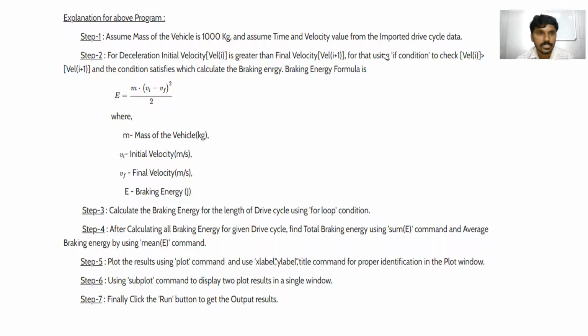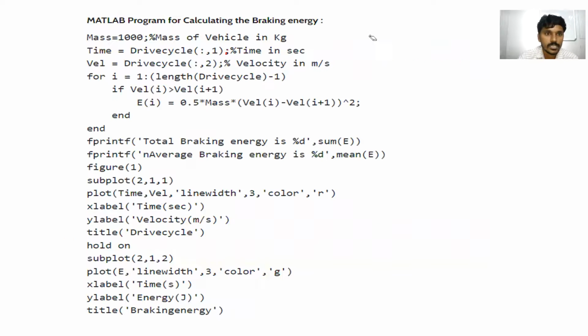And second step, for deceleration, initial velocity: velocity of i is greater than the final velocity, velocity of i plus 1. So in the program we have taken velocity of i greater than the velocity of i plus 1. Here velocity of i is nothing but the deceleration velocity, means when we apply the braking.